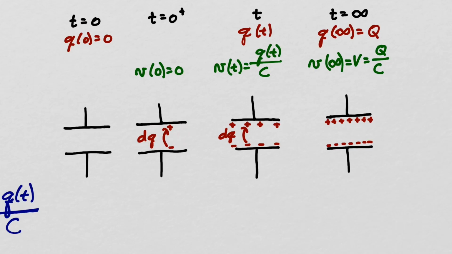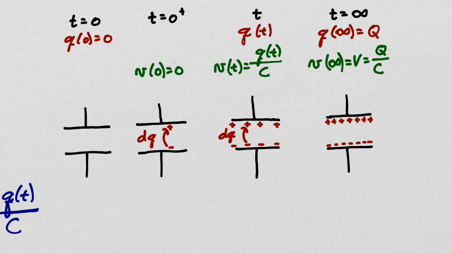To move the next dq will take some work because there's an electric field inside our capacitor, and we're pushing the dq against that electric field. The voltage across the capacitor is the amount of work to move 1 coulomb of charge from the lower plate to the upper plate.